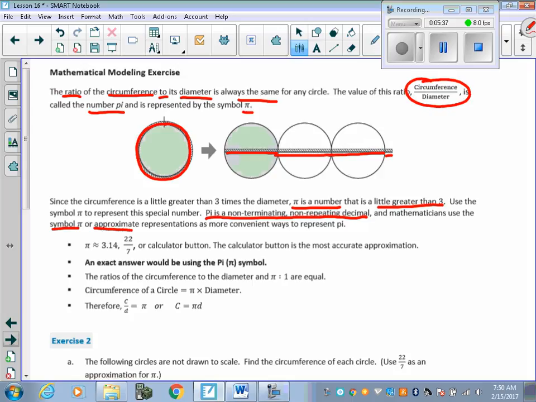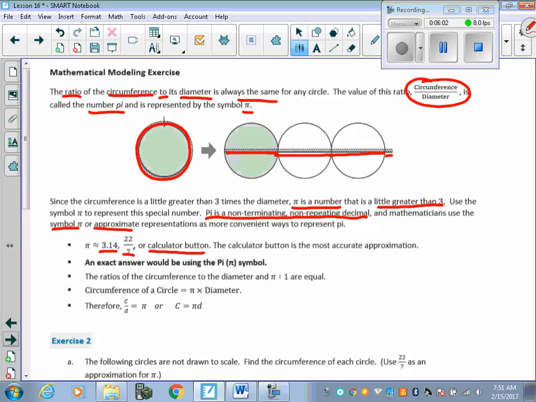And some of the most popular approximations that we use are 3.14, 22/7, which actually Archimedes discovered, or today we're going to use the calculator button. Most of the time in class and so on, I want you to use the calculator button because that's the most accurate that you guys can get. And that's usually the best.